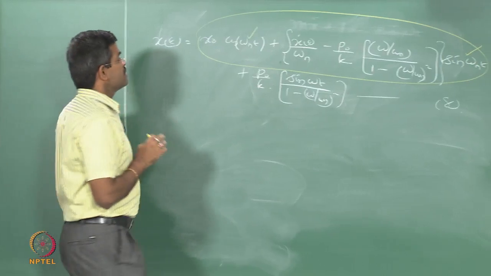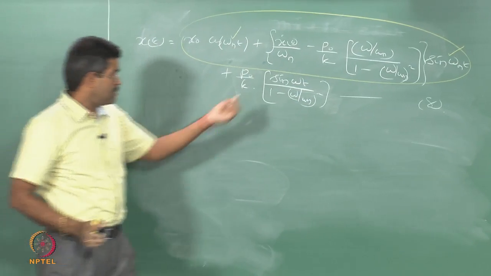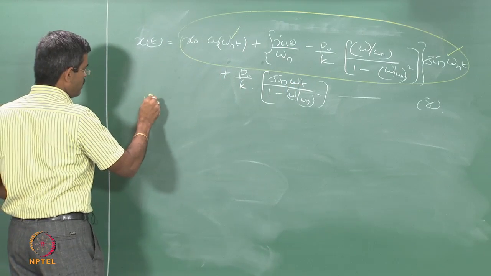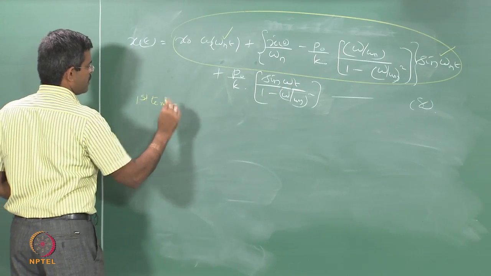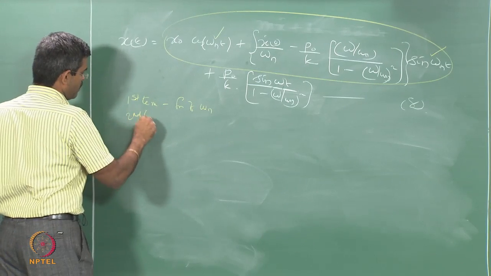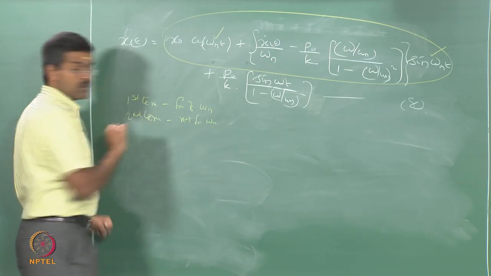You may say, sir, this term also has omega n here, but that is a ratio, and ultimately the multiplier is only omega. So, 2 terms: the first term is a function of the natural frequency of the system, the second term is not a function of the natural frequency of the system.